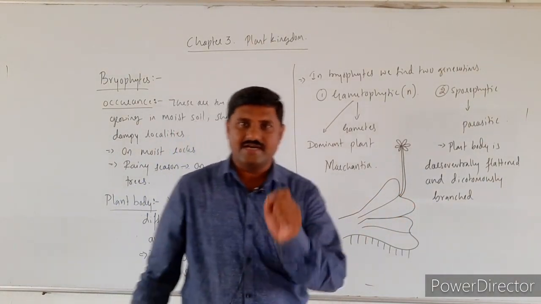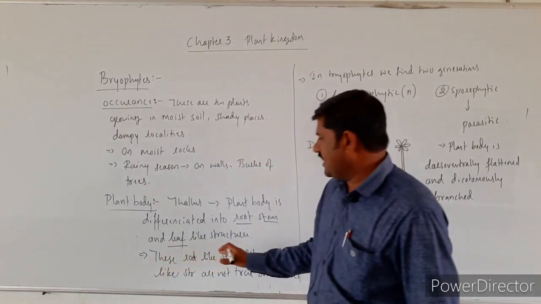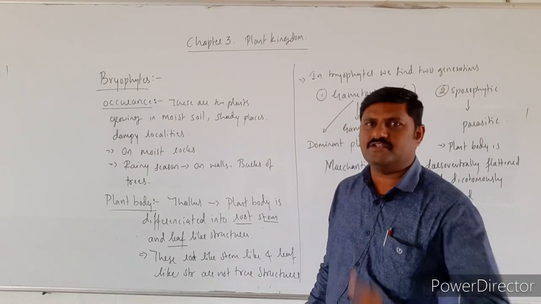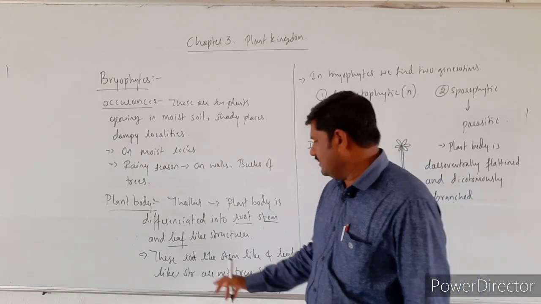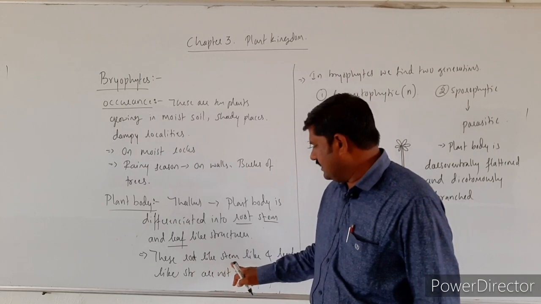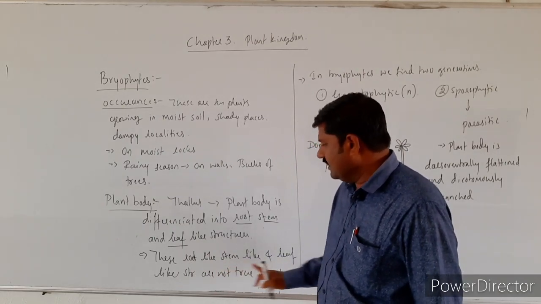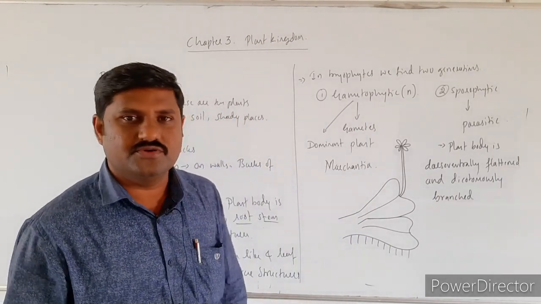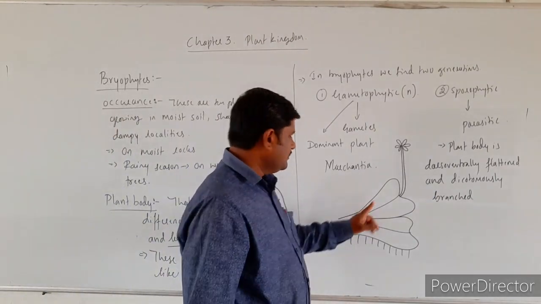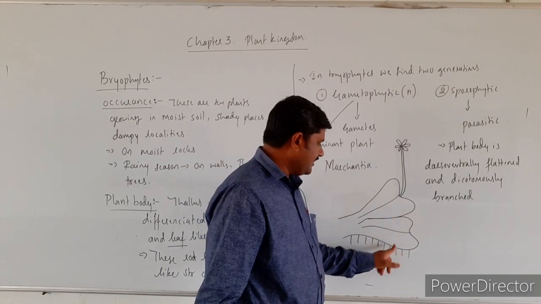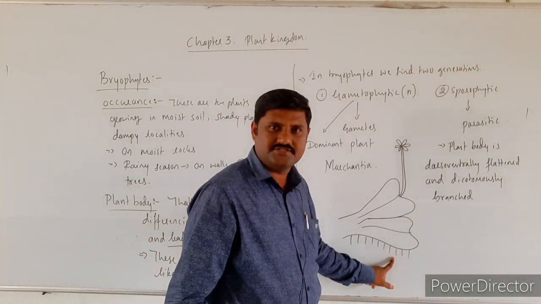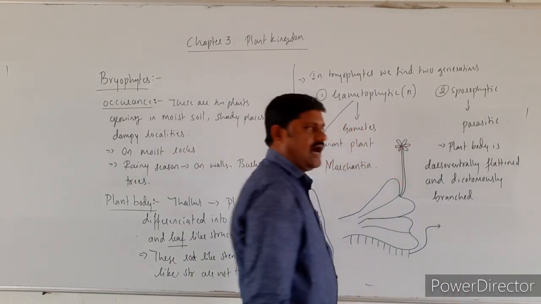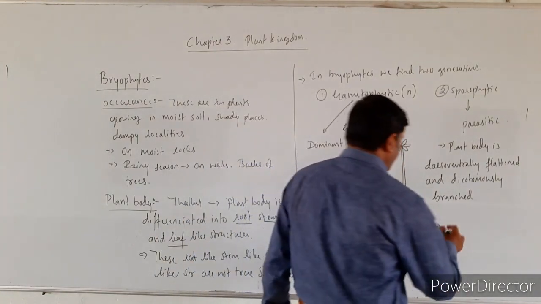That's why, as I have already mentioned, the thallus of these plants shows a little bit of differentiation into root like, stem like and leaf like structures. The plant body is differentiated into stem like, leaf like as well as root like structures. And the root like structures in this plant body are named as what? Rhizoids.